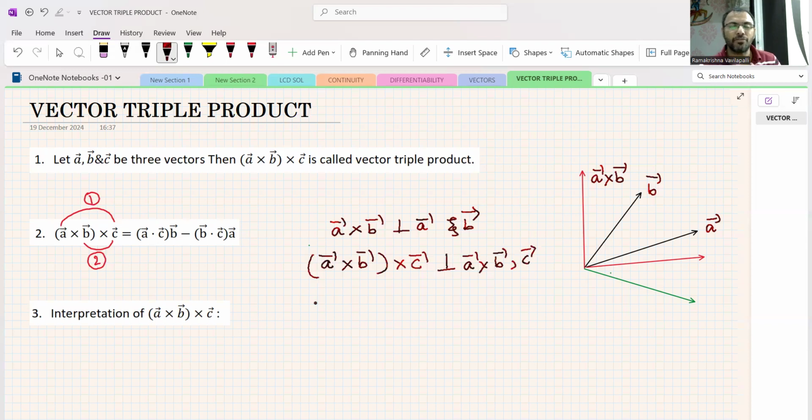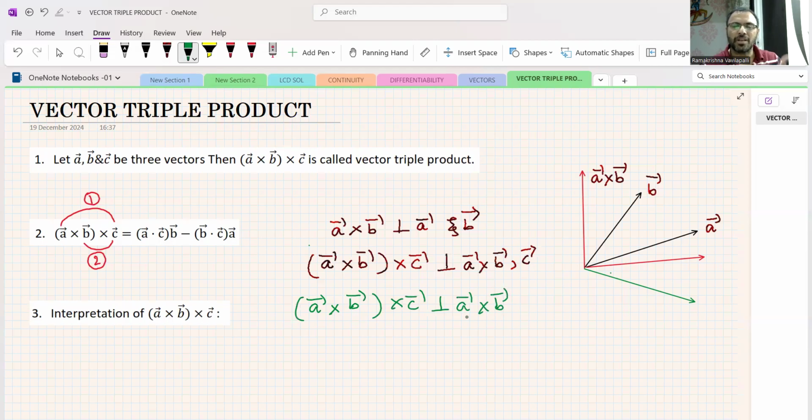Now you observe that A bar cross B bar cross C bar is perpendicular to A cross B, isn't it?